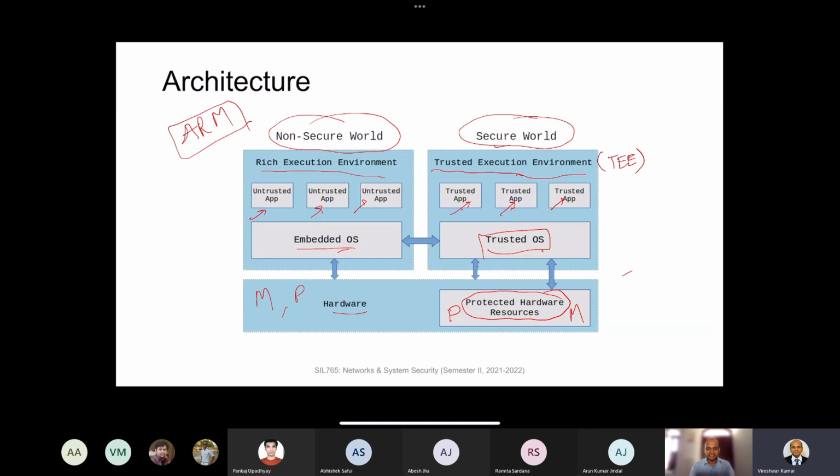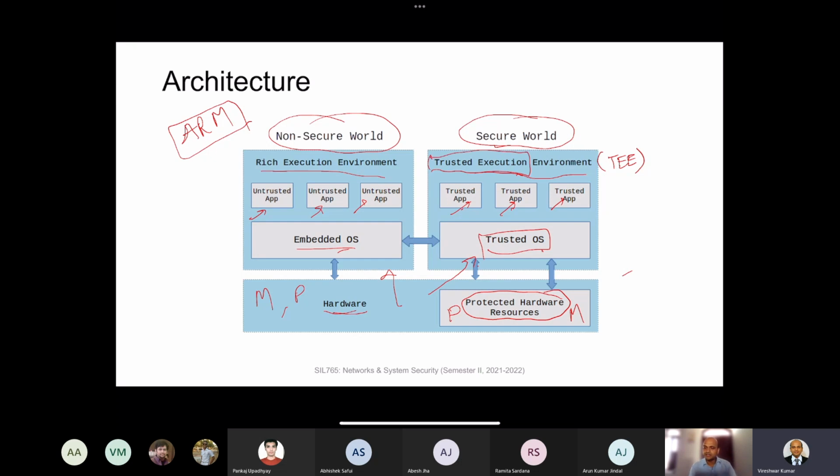It is also possible that there might be just one processor, it might have multiple cores, and one of the cores is actually working for the secure world, other cores are working for the non-secure world, but then there is still some kind of isolation between different cores of the processor. So this is the basic architecture of this idea of trusted execution, which is very, very popular.